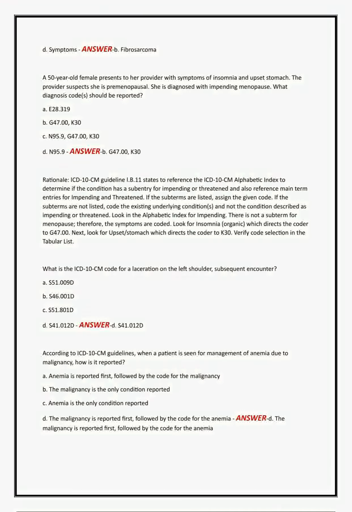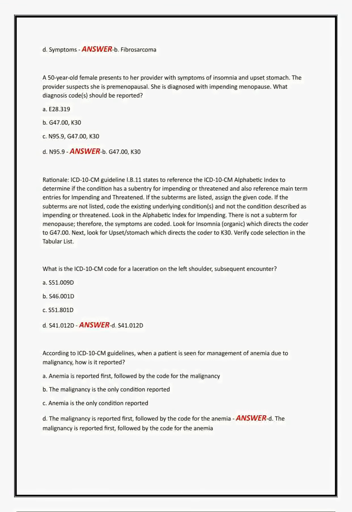Rationale. ICD-10-CM Guideline I.B.11 states to reference the alphabetic index to determine if the condition has a subentry for impending or threatened, and also reference main term entries for impending and threatened. If the subterms are listed, assign the given code. If not listed, code the existing underlying conditions and not the condition described as impending or threatened.